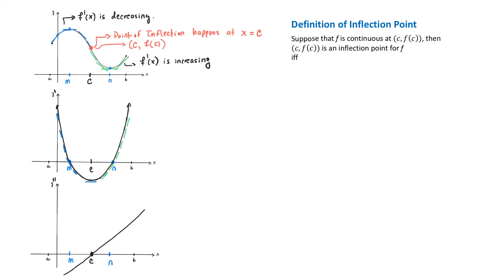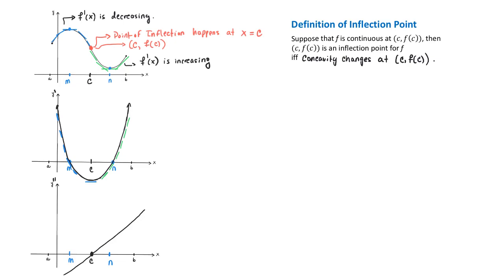But it must be if and only if we will say concavity changes at c, comma, f of c. I'm going to go ahead and write that down. If and only if concavity changes at c, comma, f of c.